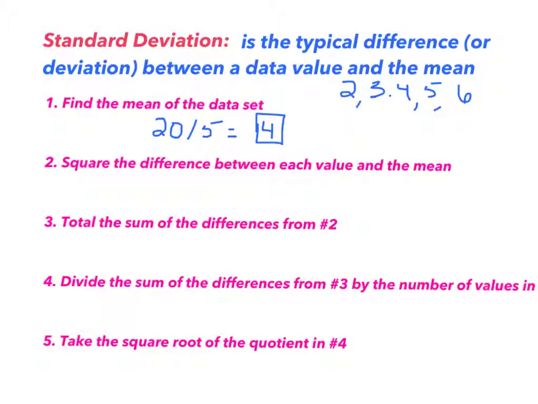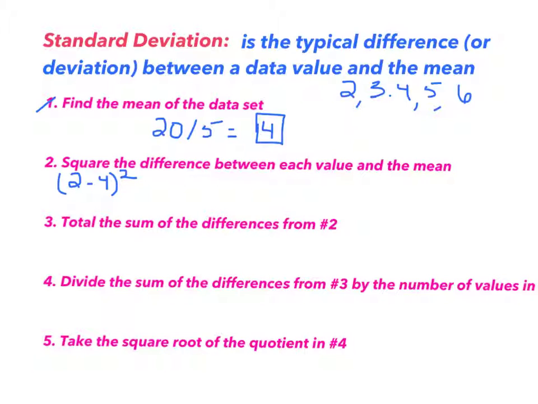Now your second step is to square the difference between each of these 5 values and its mean. So we have to find the difference between each value and its mean and then square it. The first value is 2, so we subtract our mean from 2 and square it.